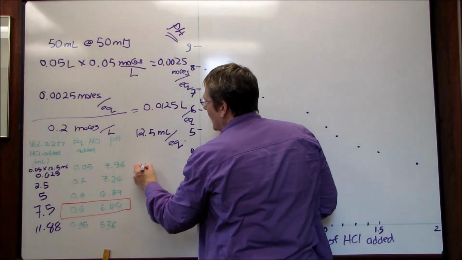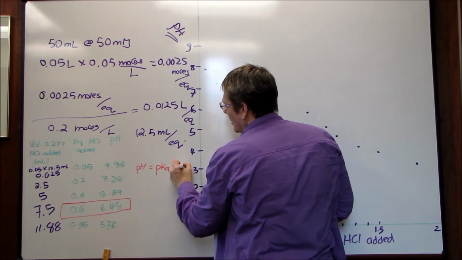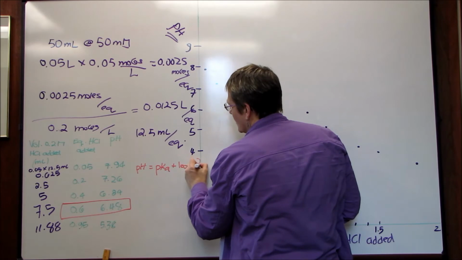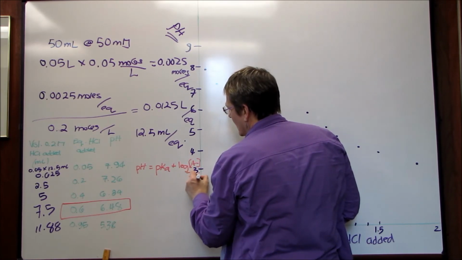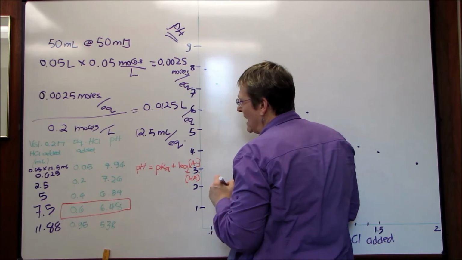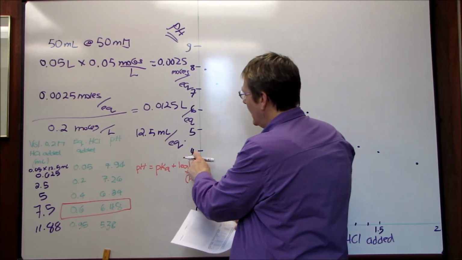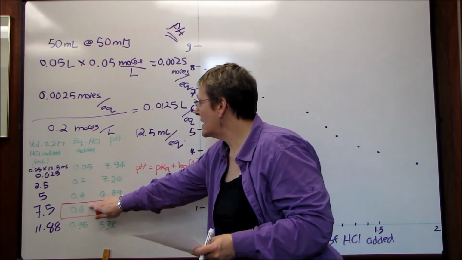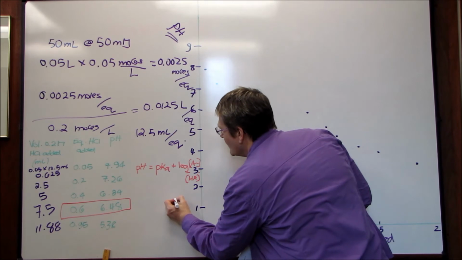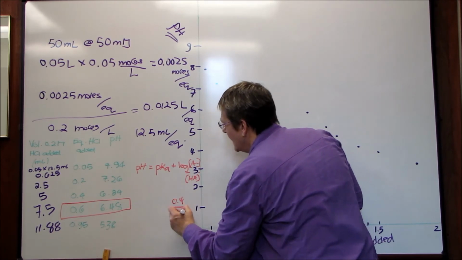So I know that pH equals pKa plus the log of A minus concentration over HA concentration. I know I started as fully A minus, or 1 as A minus, and essentially 0 as HA. After adding 0.6 of H plus, I would have 0.4 left as A minus and 0.6 as HA.